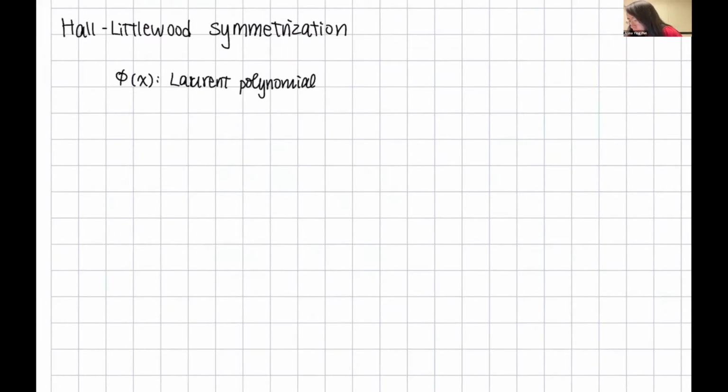Okay, over the field, any field containing Q. Okay, so Laurent polynomial meaning that you can accept negative powers. So this is our operator.